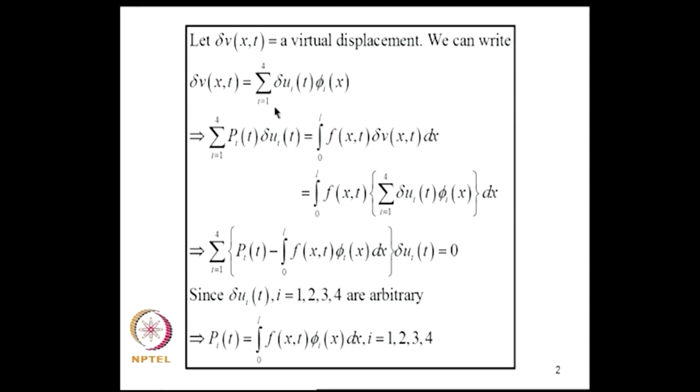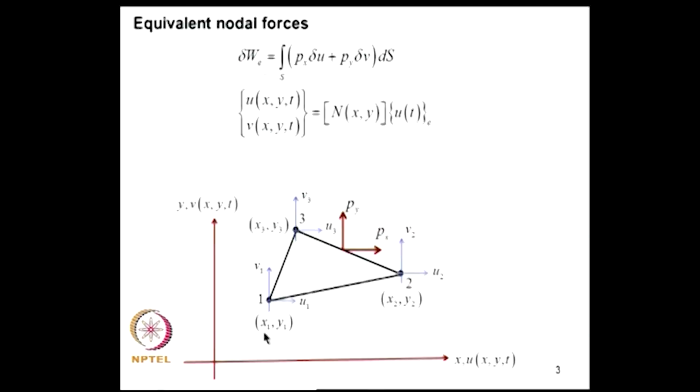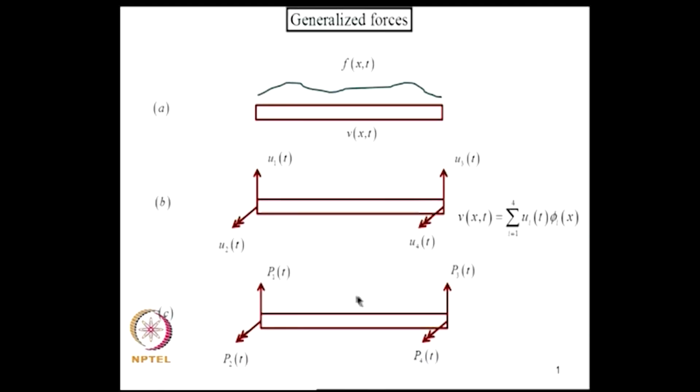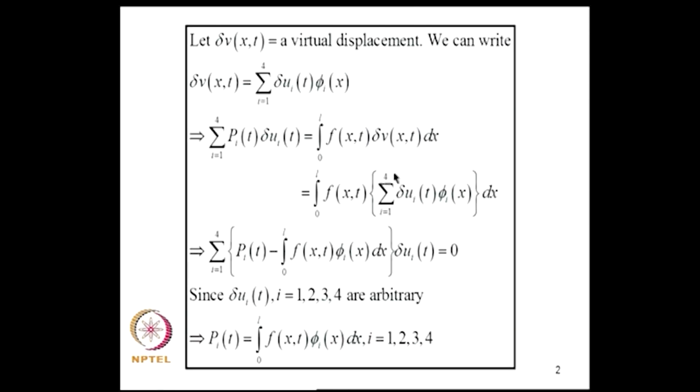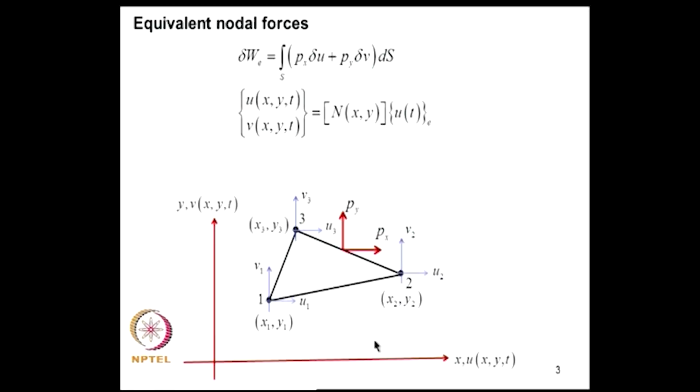The work done by virtual displacements on this set of forces and on this set of forces are equated, and by manipulating the terms we determined the nodal forces to be given by these expressions. So, we are going to do something similar for 2 dimensional elements.